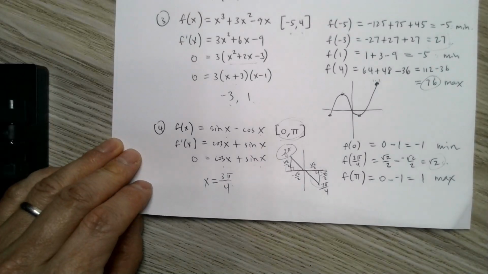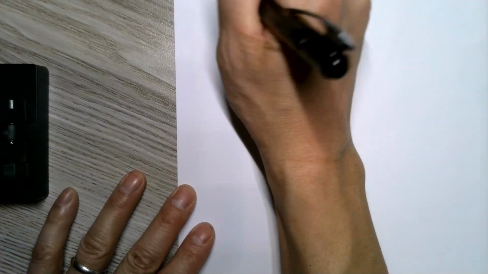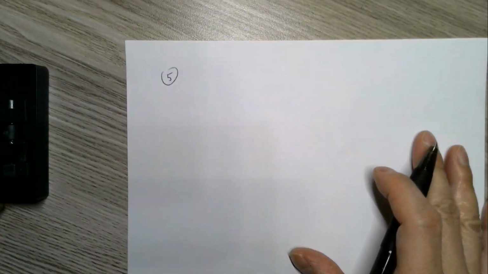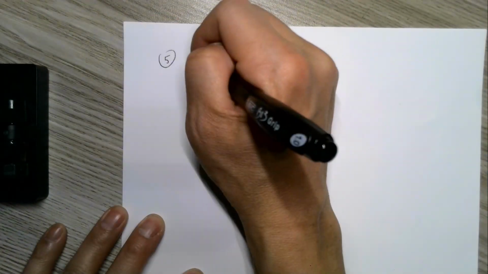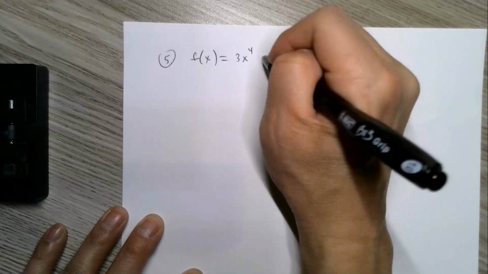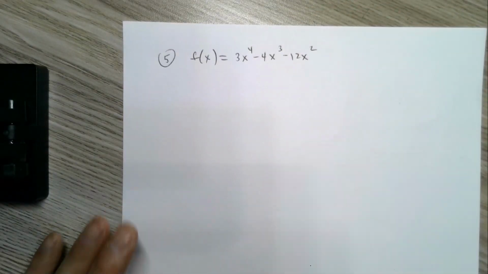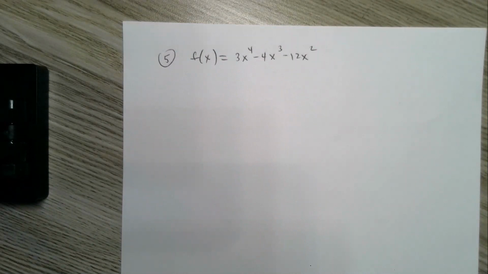Okay, and we've got one more. This is a polynomial degree 4 and no interval.